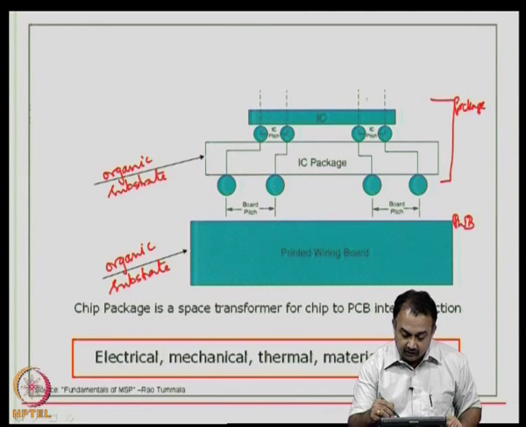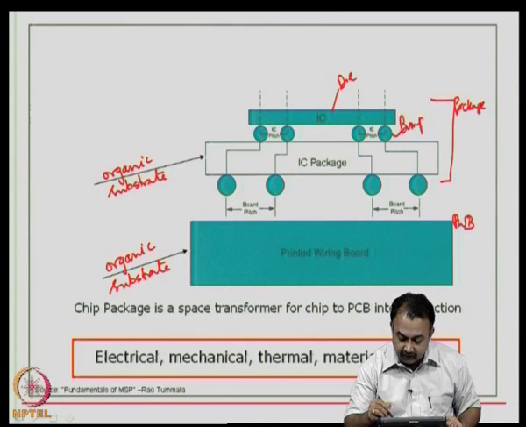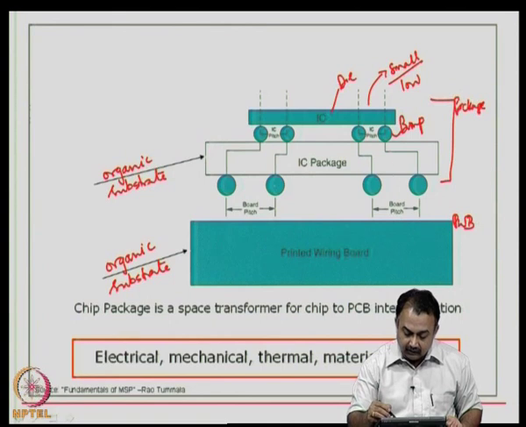Here this is the die, and this is the bump that comes out from the die. You can see that this pitch is very small, a low pitch die. Then the IOs from the bump are space transformed through the multiple layers of the IC package.